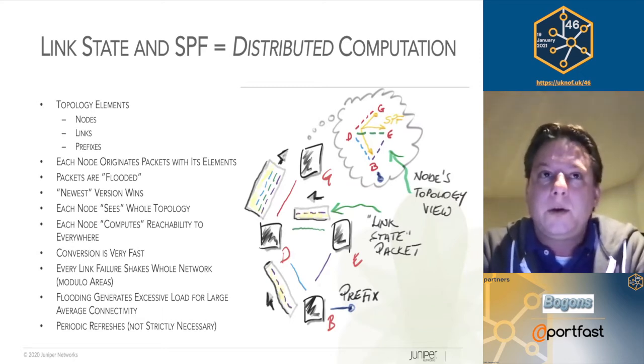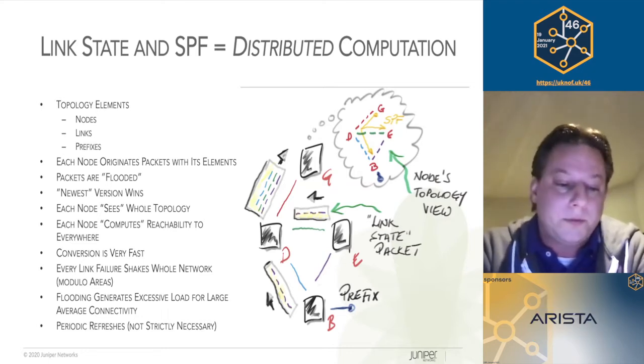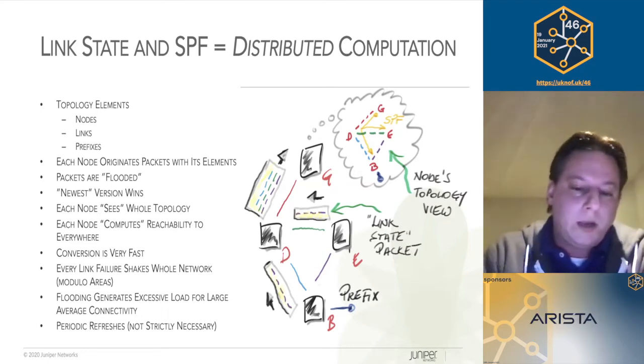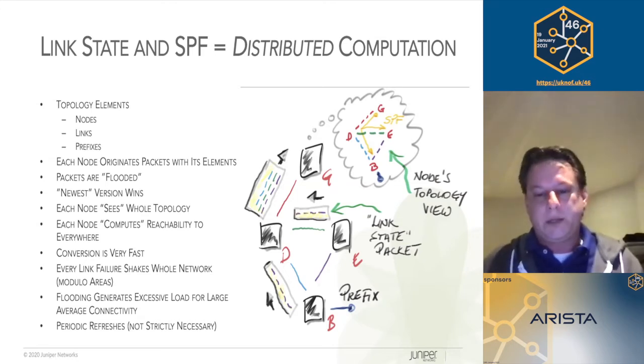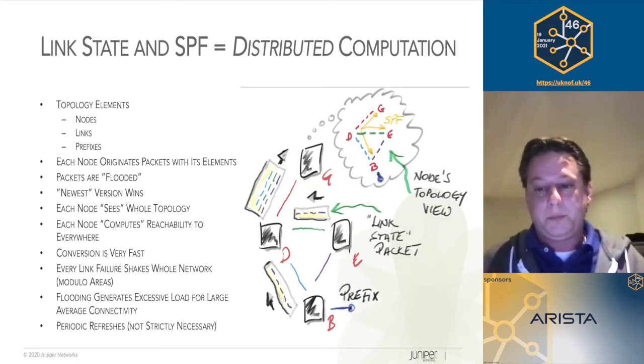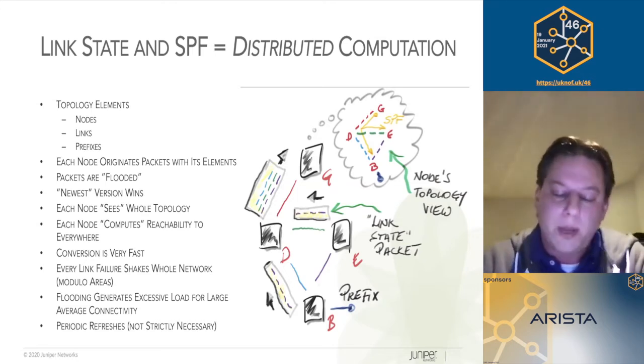You see on nodes having multiple copies, up to 20 or 30 copies of that same information because of the flooding. So yes, ISIS really good, but not maybe good enough.